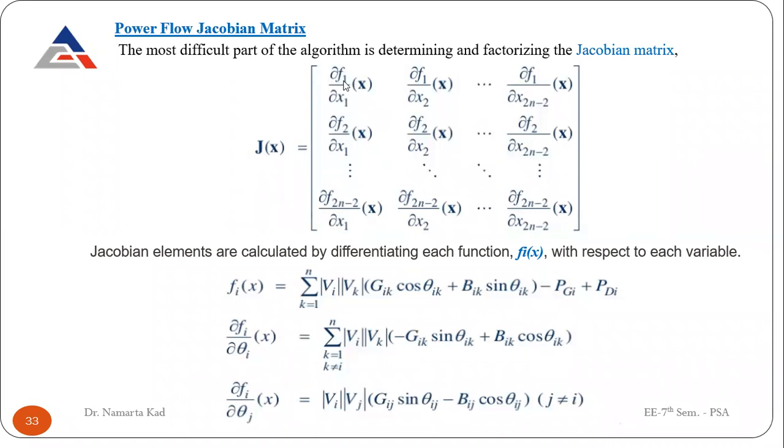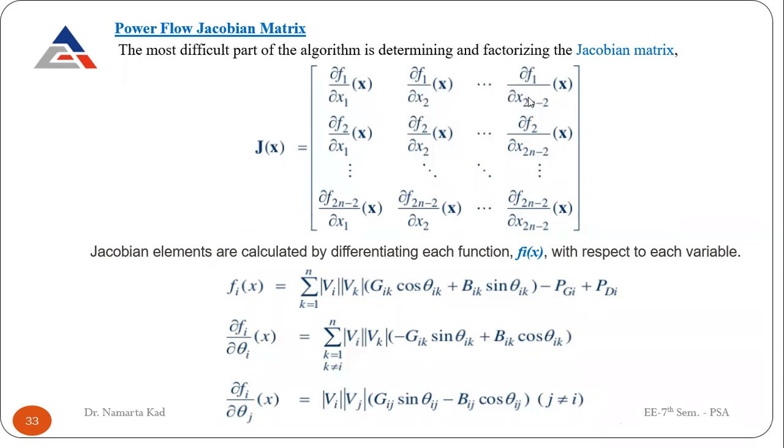Like function f1 is differentiated with respect to x1 first, then for the next element of the matrix the same function is differentiated with respect to x2, then with the next element.